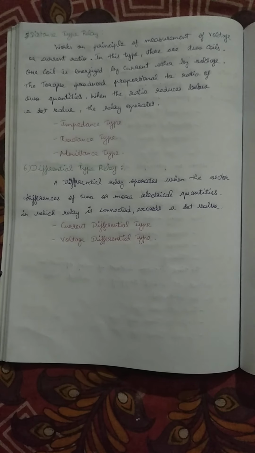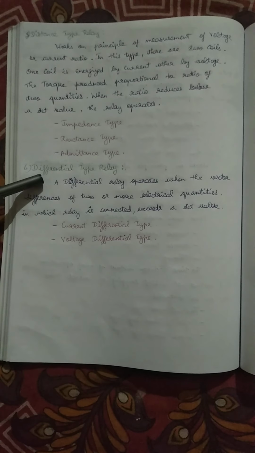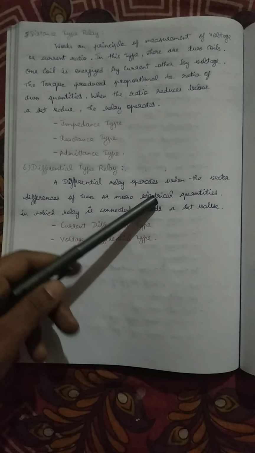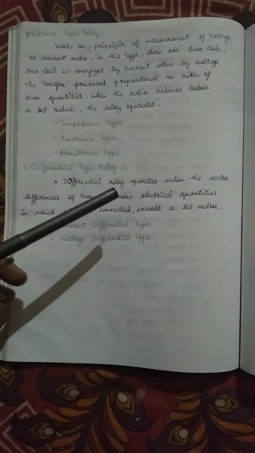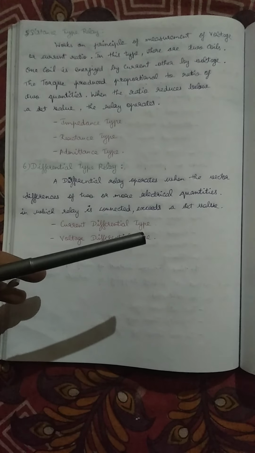The naming changes but the operation is the same: it operates when the vector difference of two or more electrical quantities to which the relay is connected exceeds the set value.